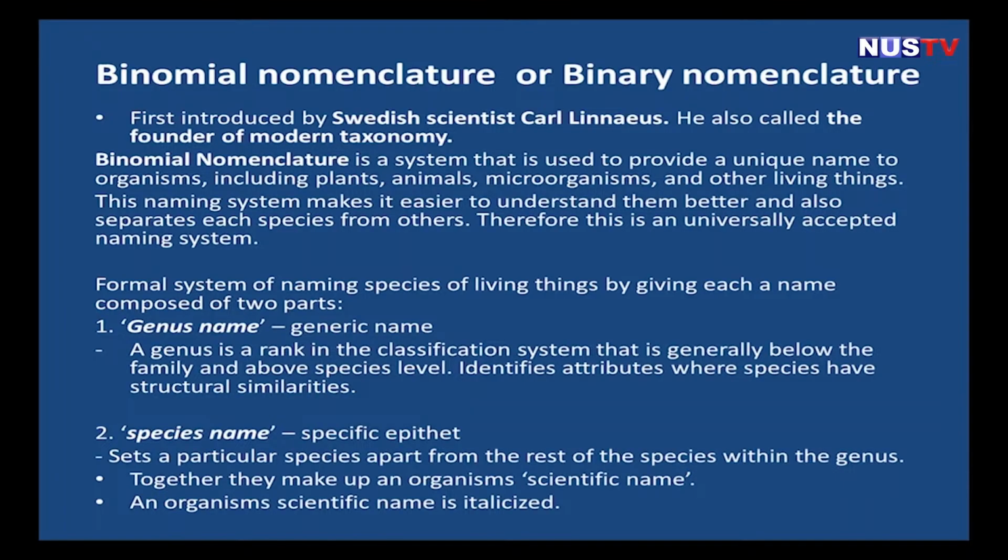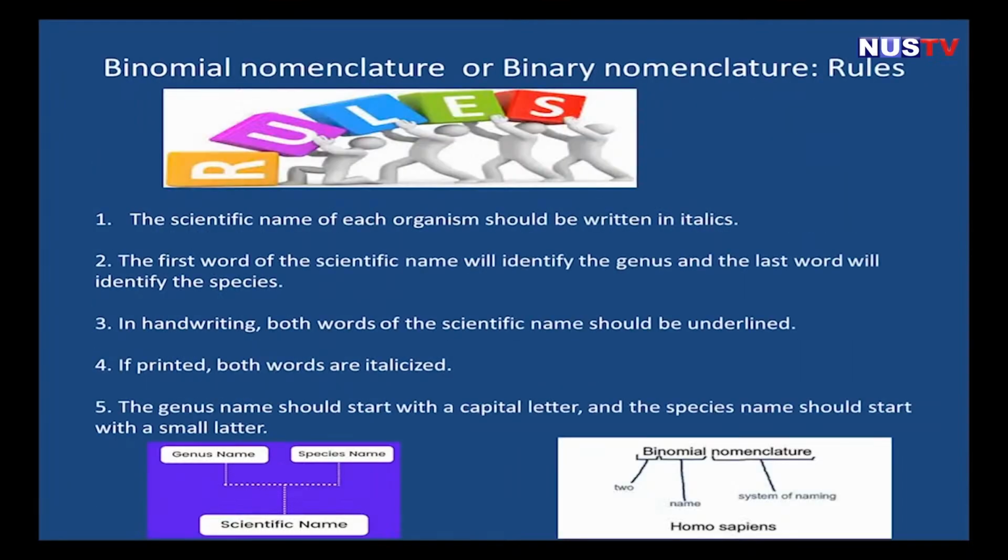And these scientific names are normally seen in italics. So binomial nomenclature or the binary nomenclature normally has rules. The scientific name of each organism should be written in italics, like I've mentioned before.